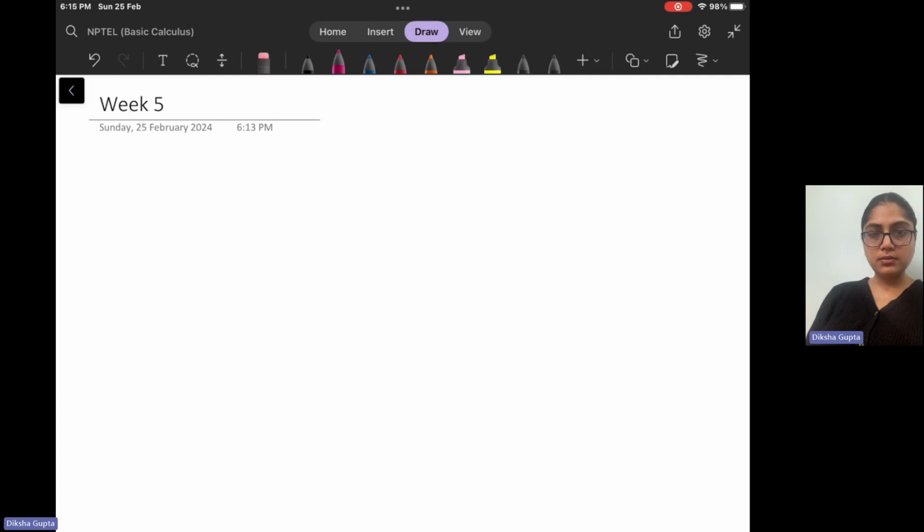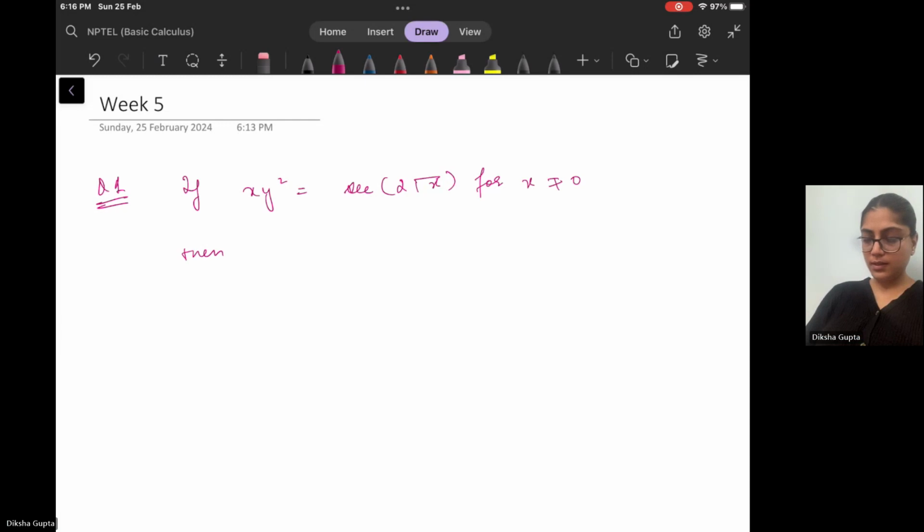So question number 1, it is based on the derivative of a function. If x y square is secant 2 root x for x not equal to 0, then 2x square y cos 2 root x dy by dx is equal to.